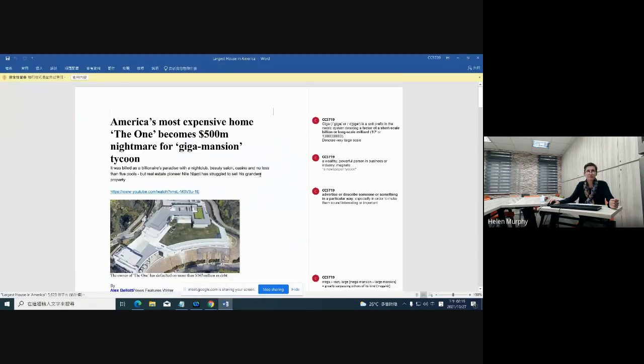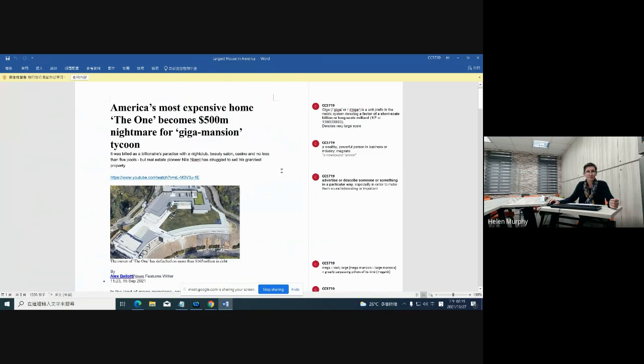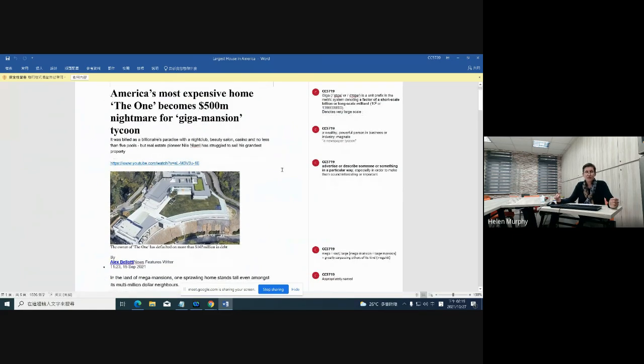Okay, here we are. Now, the title of the article is America's Most Expensive Home, The One, Becomes $500 Million Nightmare for Giga-mansion Tycoon. So we know that the name of the house, the mansion, is The One.